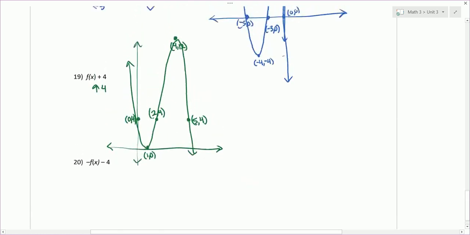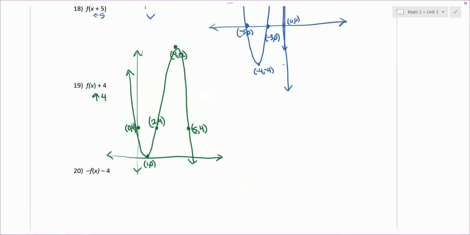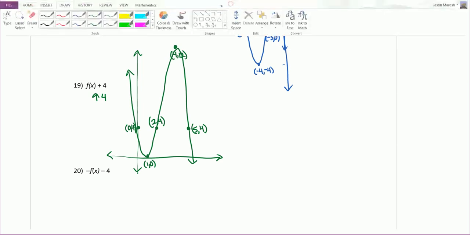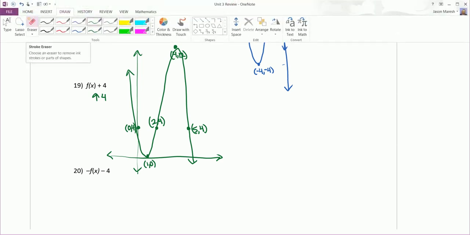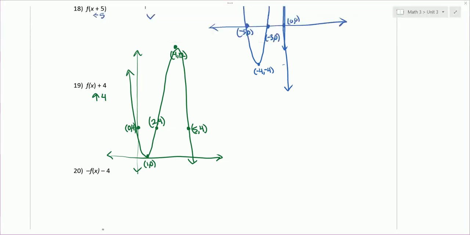Okay. And then the last one, 20, negative f of x minus 4. So what's happening here? So we have a negative in front of the f of x. That is a reflection about the x-axis.